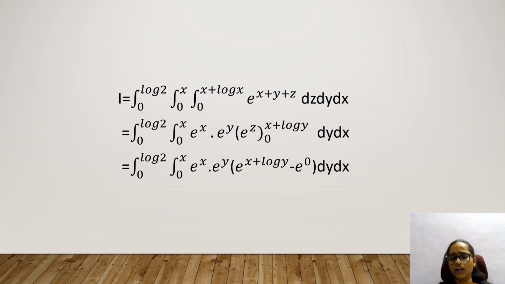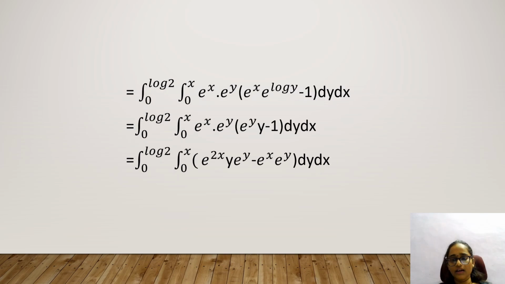we have to substitute the upper limit minus the lower limit, where e to the power x plus log y minus e to the power 0, and e to the power x plus log y can be written as e to the power x into e to the power log y.